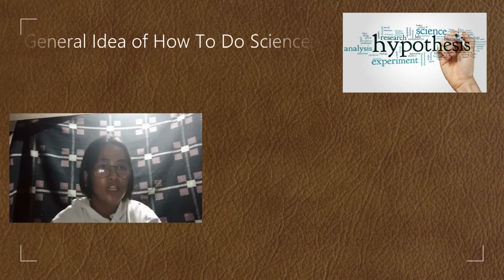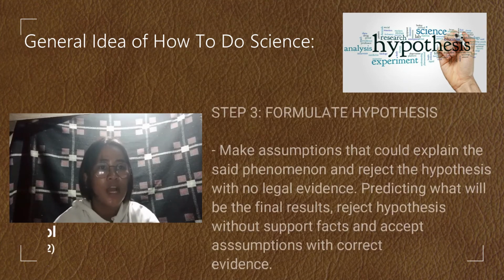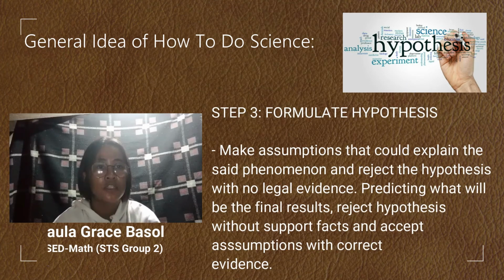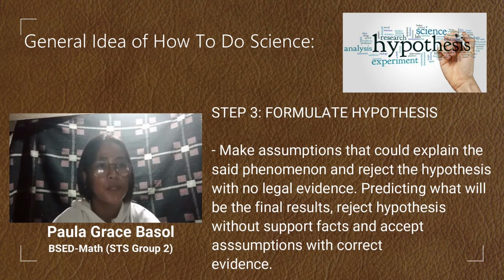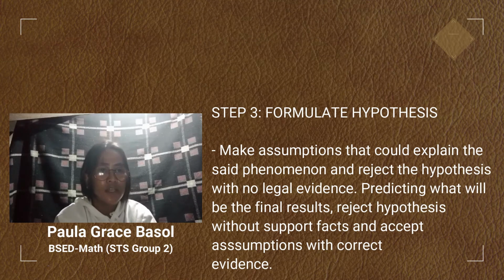Step 3. Formulate hypotheses. Make an assumption that could explain the said phenomenon and reject hypotheses with no legal evidence, predicting what will be the final result. Reject hypotheses without supporting facts and accept assumptions with correct evidence.